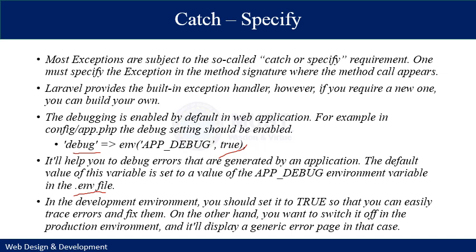For example, if your website is up and running for users, you should disable this option, and it will display a general error page. In this case, for example, 404 not found, resource not found, or something wrong has happened, as you have seen in a number of examples on web applications.